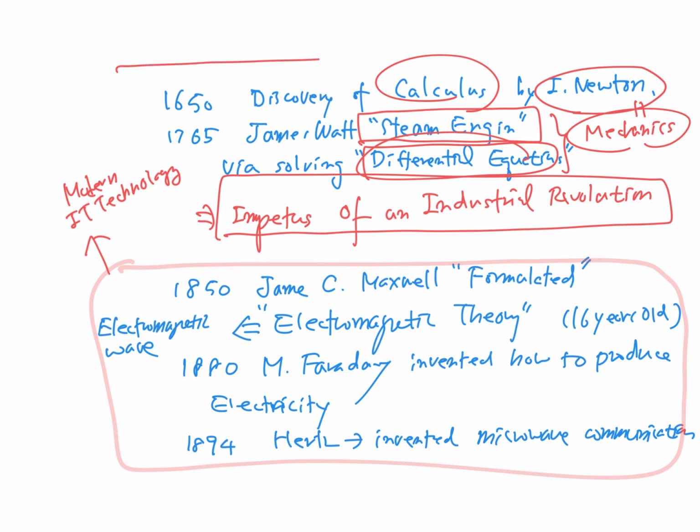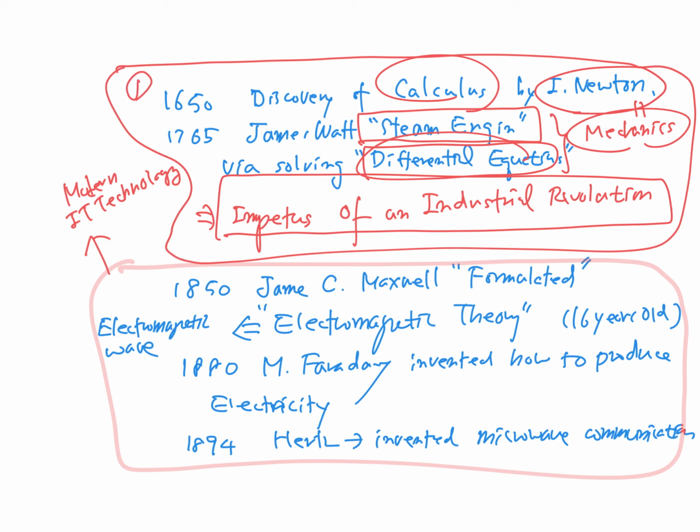So that's the first phase of history. 1, 2. The first phase of its technical development was triggered by the discovery of calculus and mechanics, and with the steam engine, and then its impetus for the Industrial Revolution starting in the late 19th century.